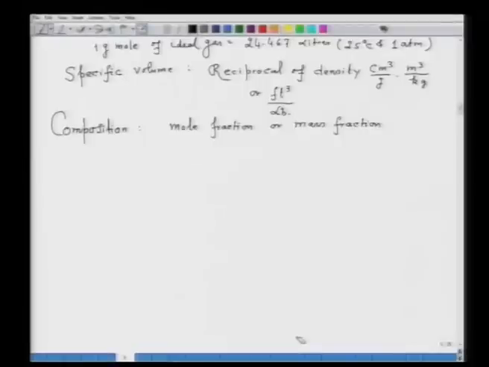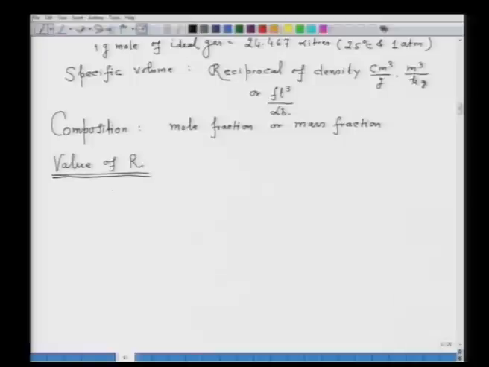Now, another very important thing that you have to know is also the value of the universal gas constant. So, I will try to derive it, because very often this value of R is needed in dealing with the gases.